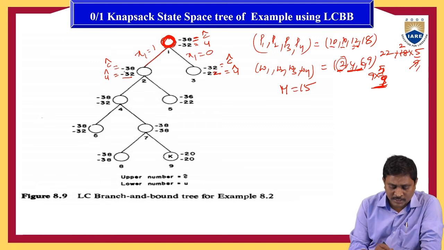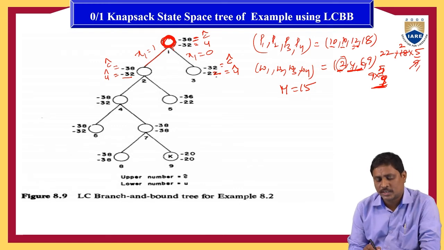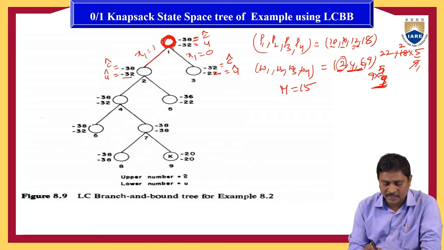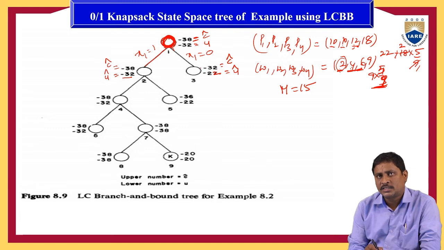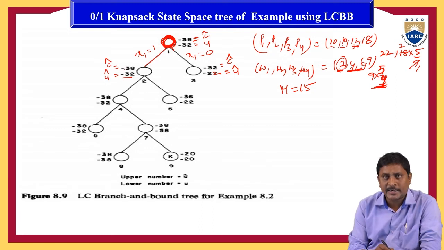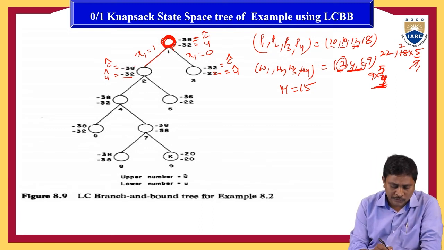Now in this level, we already expanded this one. In this level, which one is minimum? We choose that one. So minus 38, minus 32. Among these cost functions, minus 38 is the minimum value. So we choose this one.